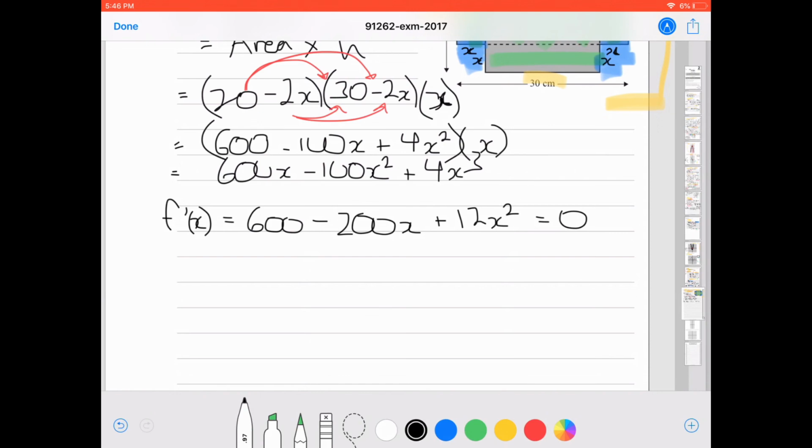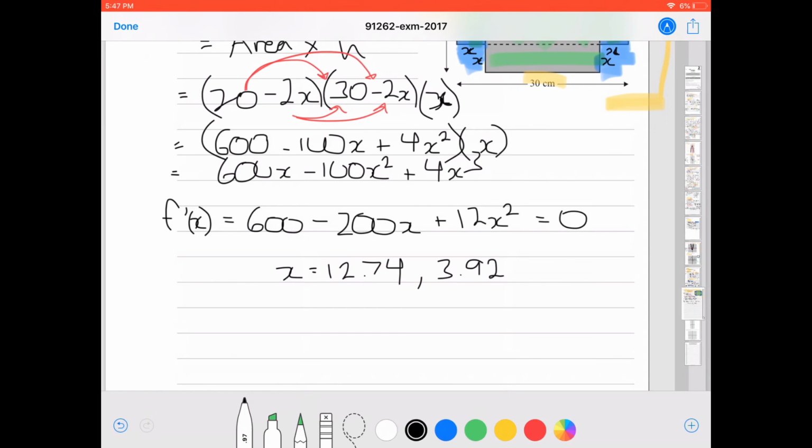And so x equals 12.74 or 3.92. And you might be inclined to look at this and say, well, 12.74 is larger, so it must be the maximum. But that's not true.